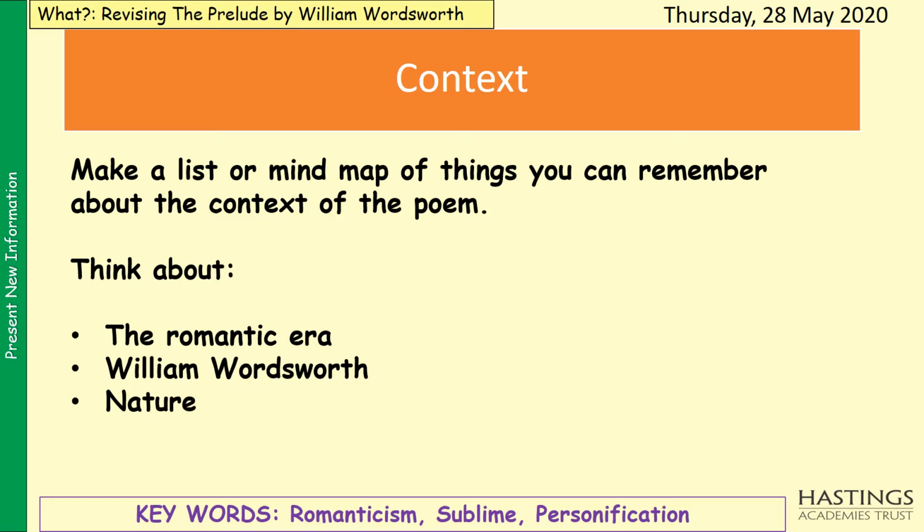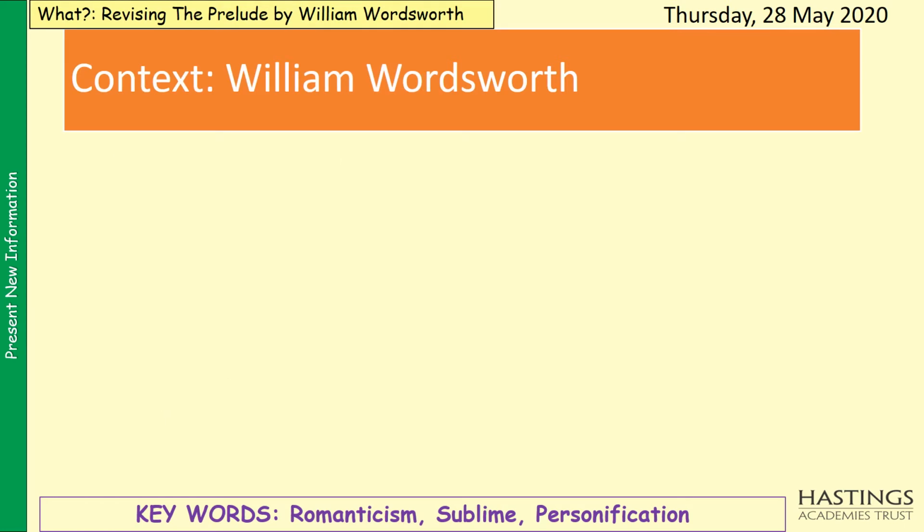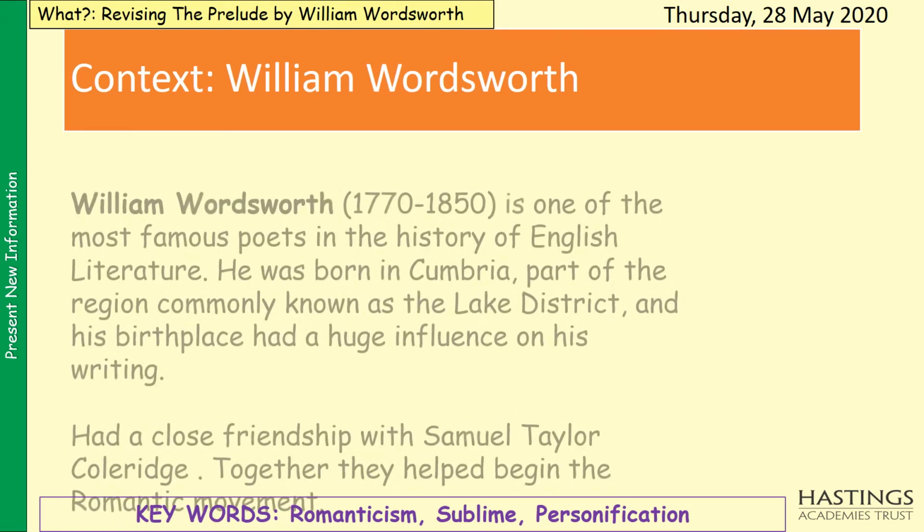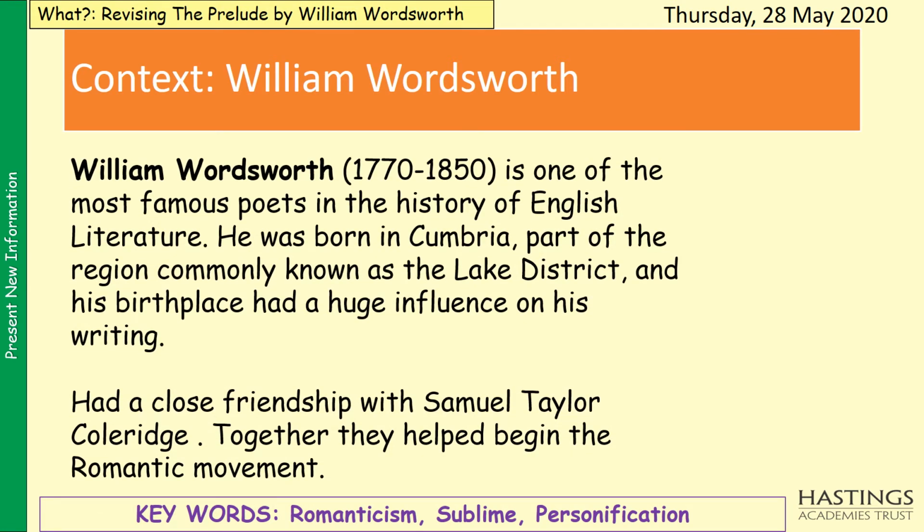Okay, hopefully we remembered some interesting things. So let's have a look at William Wordsworth. Who was he? He was born 1770, died 1850. He is considered one of the most famous poets in the history of English literature. He was born in Cumbria, which was part of the region known as the Lake District. Some of you might have been there.